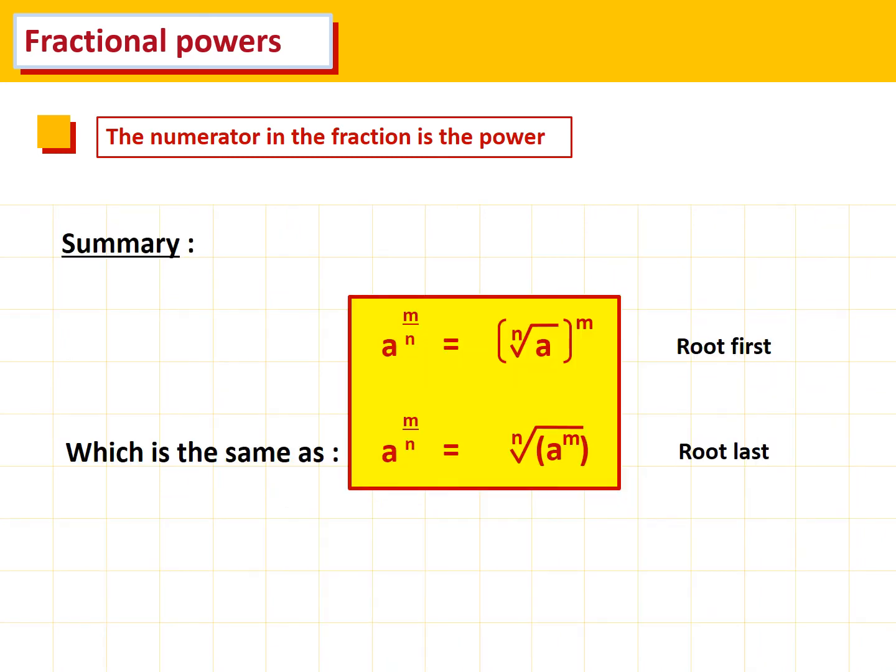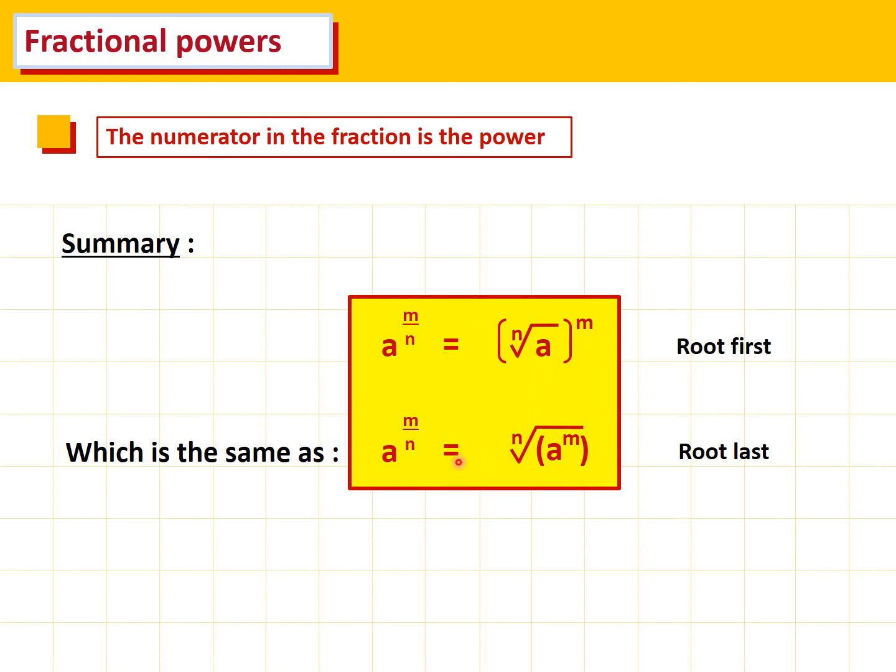Without wishing to confuse you, we can write a fractional power in two different ways. They amount to the same thing. The first way is that we take the nth root first and then apply the power m. Note the denominator is still the root, the numerator is still the power.